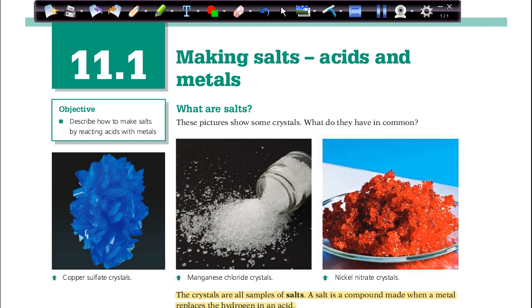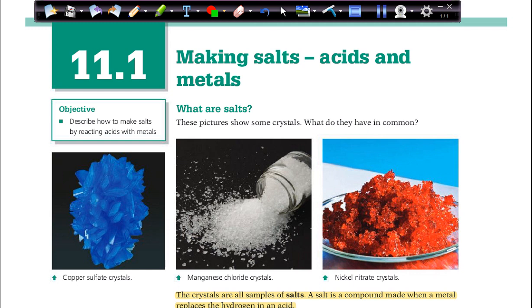So when these acids and metals react, they form something called salts. But also we can get hydrogen gas. So this is the product from the reaction of metals with dilute acids. Today we will learn more about it and how we can make a salt from this reaction.